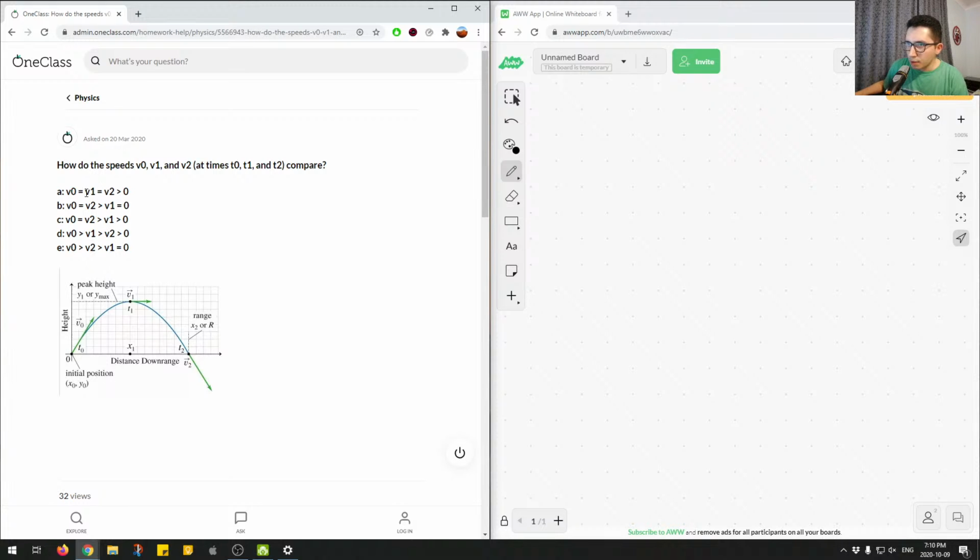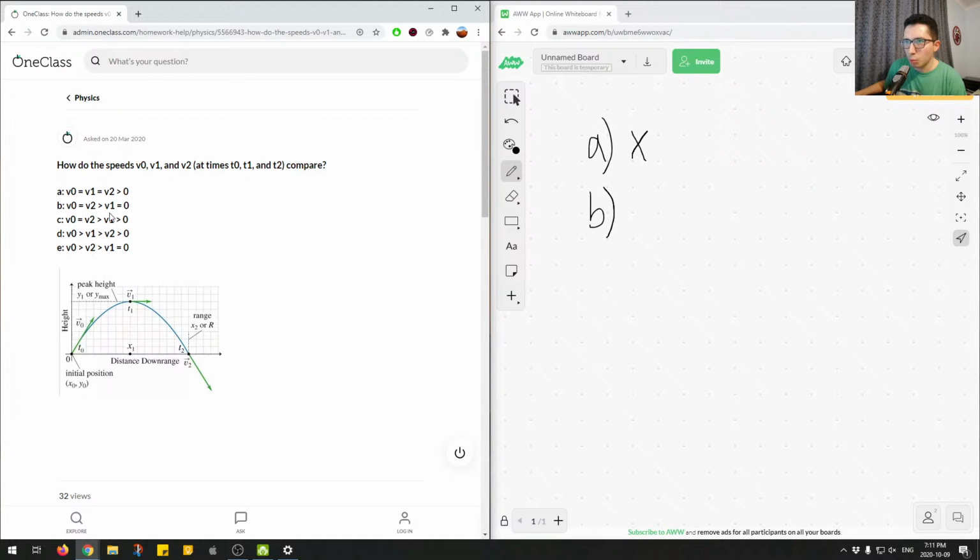So here we'll look at option A. In option A, v0 equals v1 equals v2, which is greater than 0. So all speeds are greater than 0, so that's true. However, we can see that not all the speeds are equal, so we can cross out option A. For option B, v0 equals v2, so speed v0 over here, and speed v2 over here. That is true with respect to magnitude, but not with respect to direction.